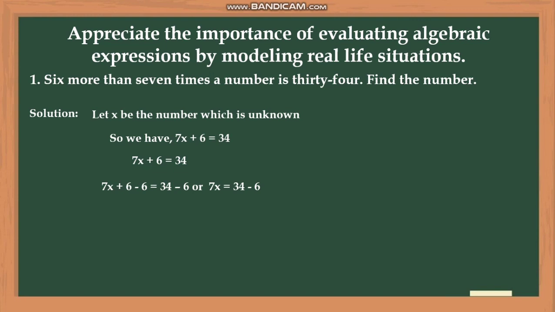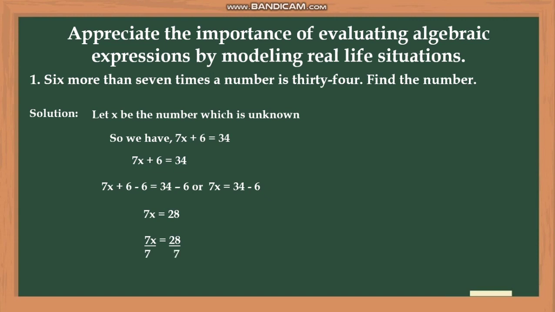Then the answer will be 7x equals 28. Or you can do the same on both sides: we have 7x, transfer 6 to the other side, and it will be negative 6. So 7x is equal to 34 minus 6, which is 7x equals 28. Different method but the same answer.